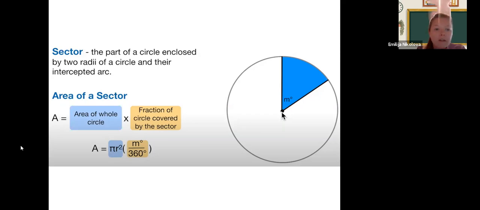And then we have the fraction of the angle, where M is the angle of the sector. This small angle can be 30, 40, 50, 60 degrees; it doesn't matter how many degrees. We divide it by 360 because the whole circle has 360 degrees. So this is how we can find the area of this sector.